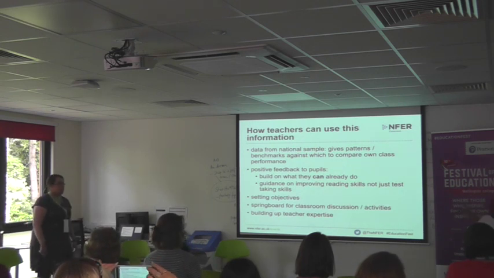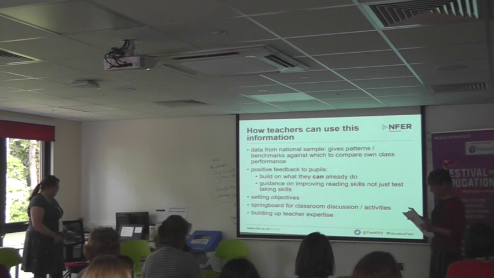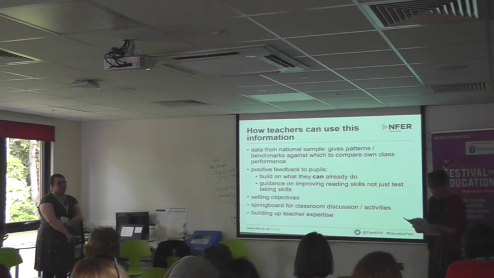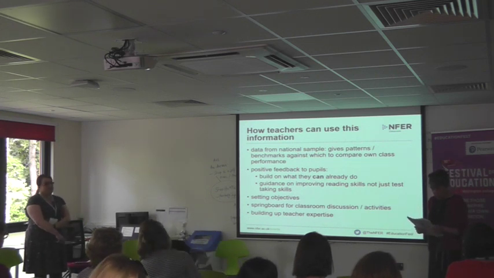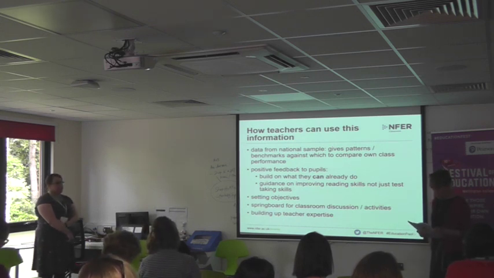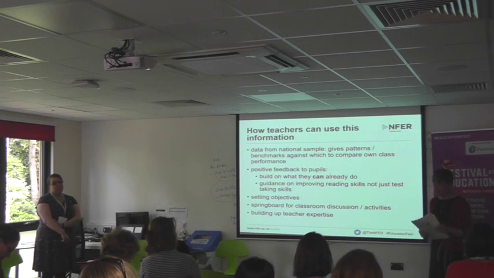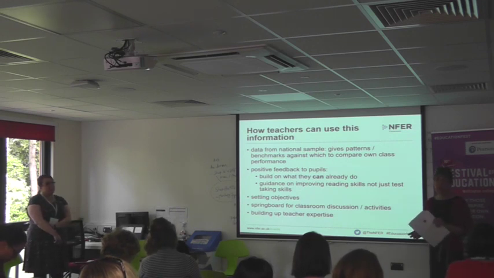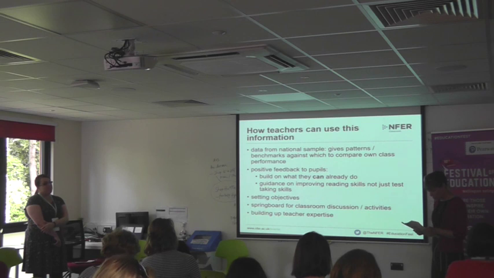So we've seen this slide before, and I'm not going to go back through it again. But I'm hoping that you're going to agree that when you have the patterns of performance based on a national sample, it gives you a sort of yardstick against which to compare your own pupils' performance.